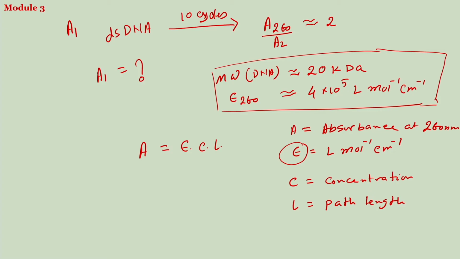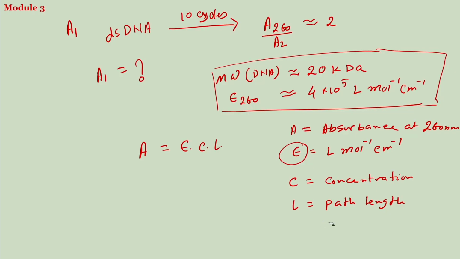What is the distance that the incoming light travels through your sample? Ideally the path length is actually the length of your cuvette. We of course have to use a cuvette to measure the UV. So, it is basically the dimension of the cuvette, and the most standard dimension of the cuvette that we use is 1 centimeter.